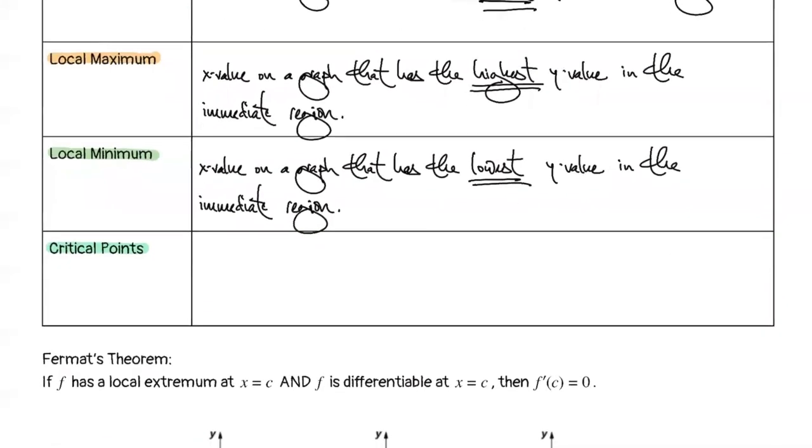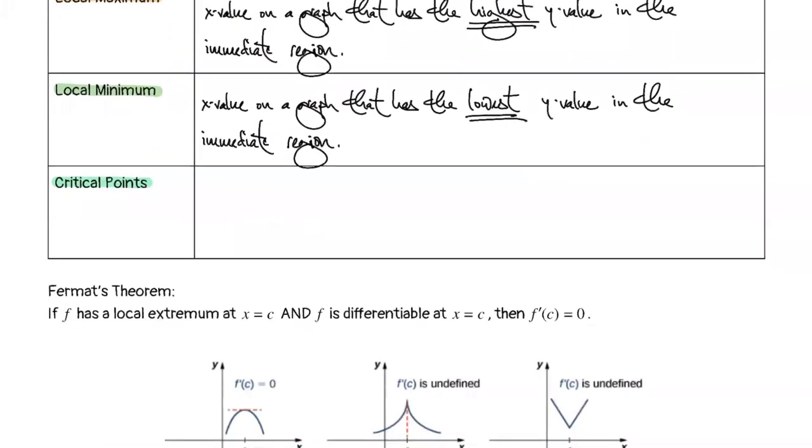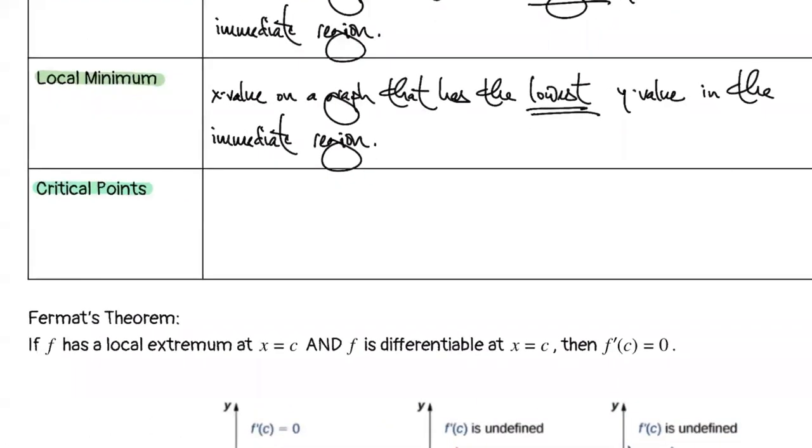Now, I do want to make clear what we mean by critical points, because a lot of times, instead of saying, find the maximum, find the minimum, what we're asked to find is the critical points, okay? And so a critical point, we can just say, is the collection of all x values on a graph.